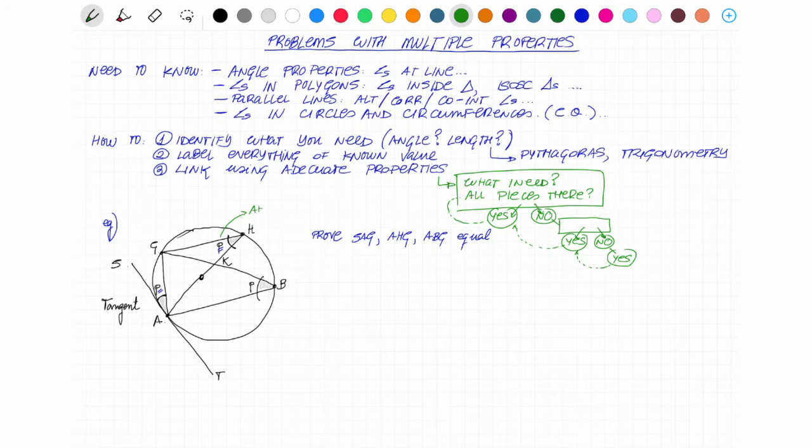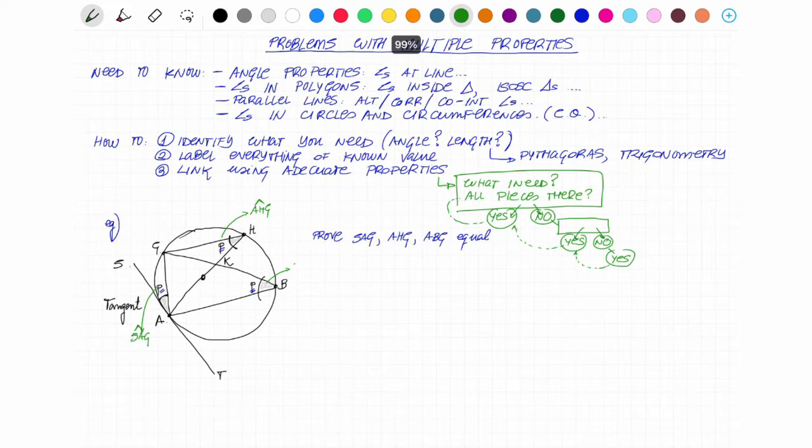So this one here is the AHG. This one here is SAG, and then this third P in here is the third one, which is from A to B to G. And I need to prove that these three angles are equal to that value P.